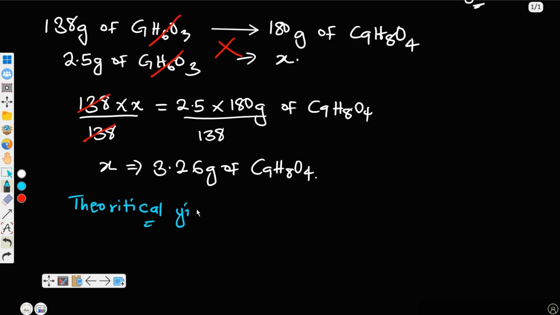So theoretical yield of aspirin is equals to 3.26 gram of C9H8O4. But now the actual yield, I gave it in the question.